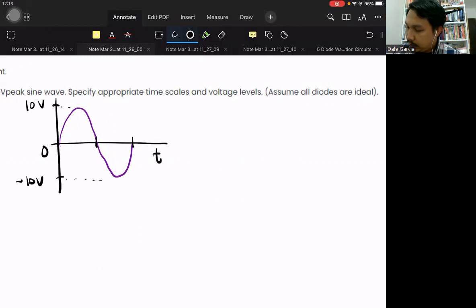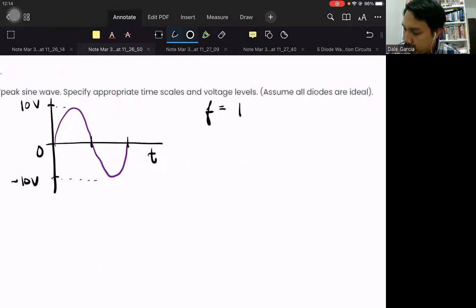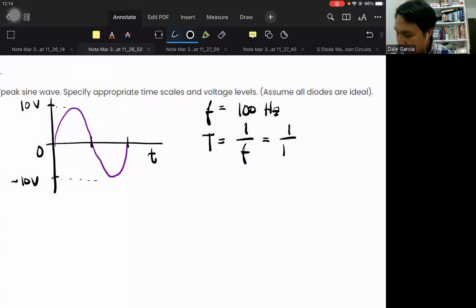Sa x-axis. So given nga ang frequency is 100 Hertz. Actually, to get the time scale, or more specifically, it's called a period, we just divide 1 and the frequency. So 1 divided by 100 actually. So 1 over 100.